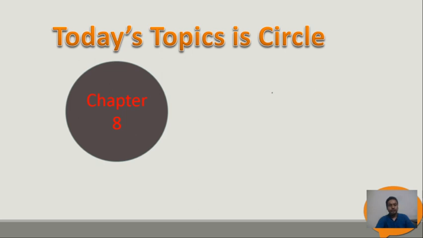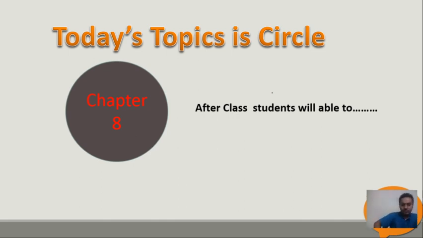Okay, my dear students, open your book to chapter 8. Circle is another important topic of geometry, and this part is called Euclidean geometry. Why is this called Euclidean geometry? Because the Greek mathematician Euclid first introduced this type of geometry, and that's why it is called Euclidean geometry.